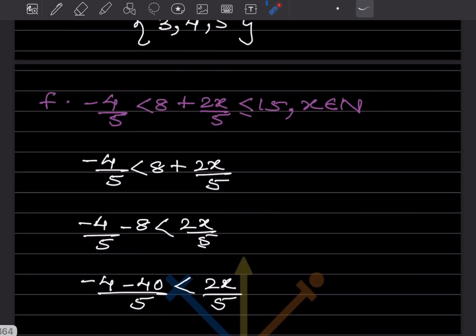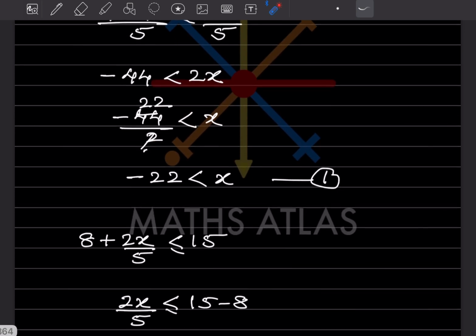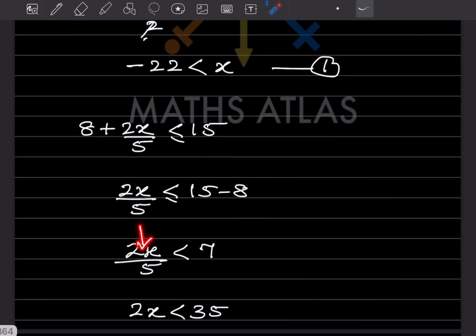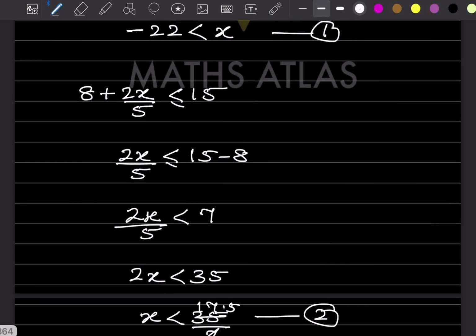Now we will take this second part. So this will be the same, this will be the same, this will go on the other side, that is going to be minus 8. So this is the same. So here we can put 7.